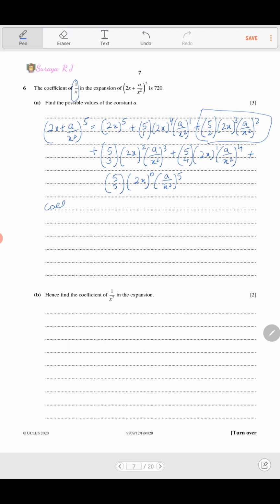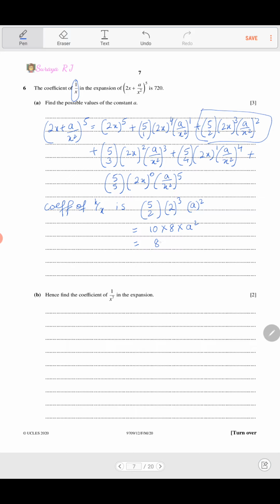So coefficient of 1 over x is 5c2, 2 power 3, a squared. So we take only the coefficient, which is 5c2, 10, times 2 power 3, which is 8, times a squared.